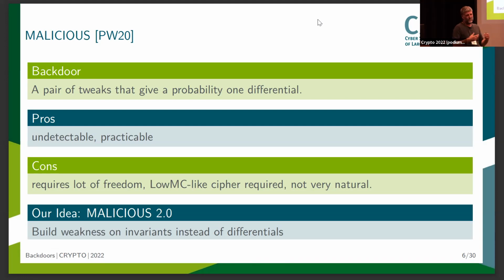This means you look into LowMC ciphers, which is a cipher which has its right to exist, but it's not a natural general purpose block cipher. Our idea is basically to do the same thing, but not build a probability 1 differential attack, and instead try to build the weakness on invariance instead of differentials.